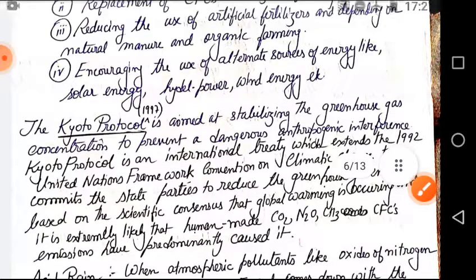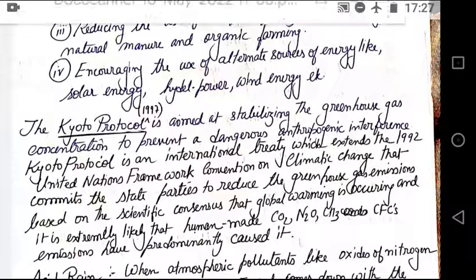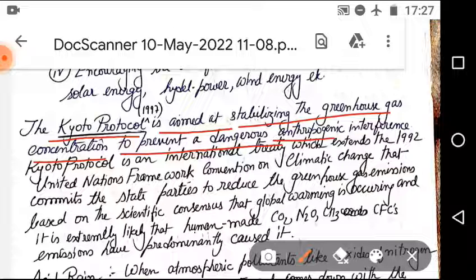Next, some laws have been made actually based on how to minimize the use of greenhouse gas, and that's why a protocol known as the Kyoto Protocol came into force in 1997. It's, you can say, a global protocol, and they are aiming at stabilizing the greenhouse gas concentration to prevent dangerous anthropogenic, that means human, interference.